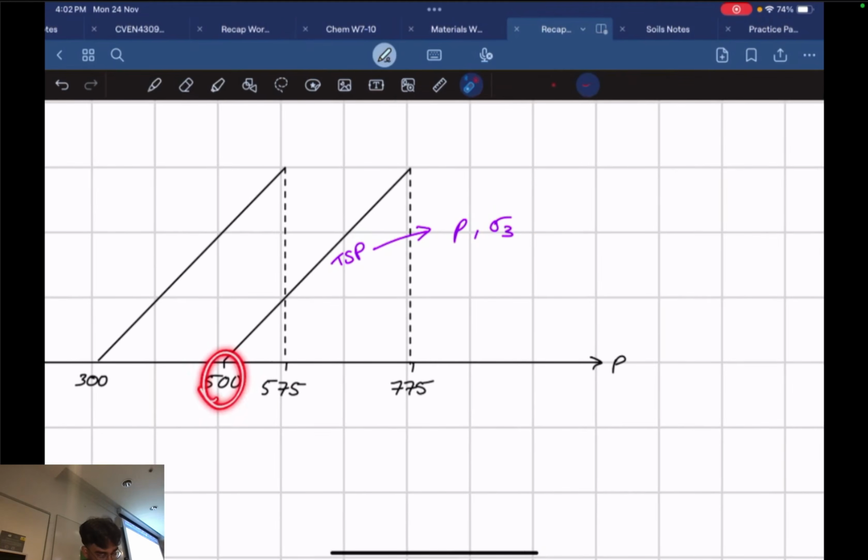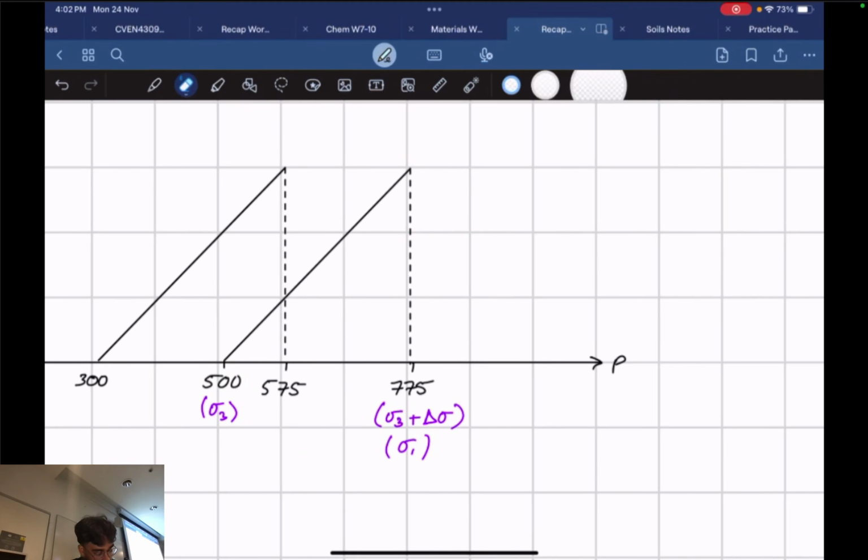So this is that value here. And then this is just your plus your deviator stress, or this is your sigma 1. Similar to a Mohr circle, you're going to need sigma 1 and sigma 3. Okay? But that's your total stress path. Divided by 2.